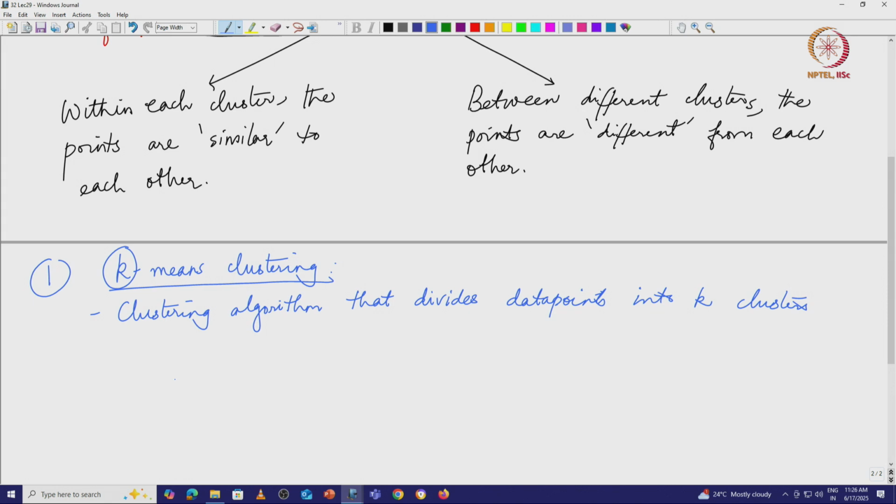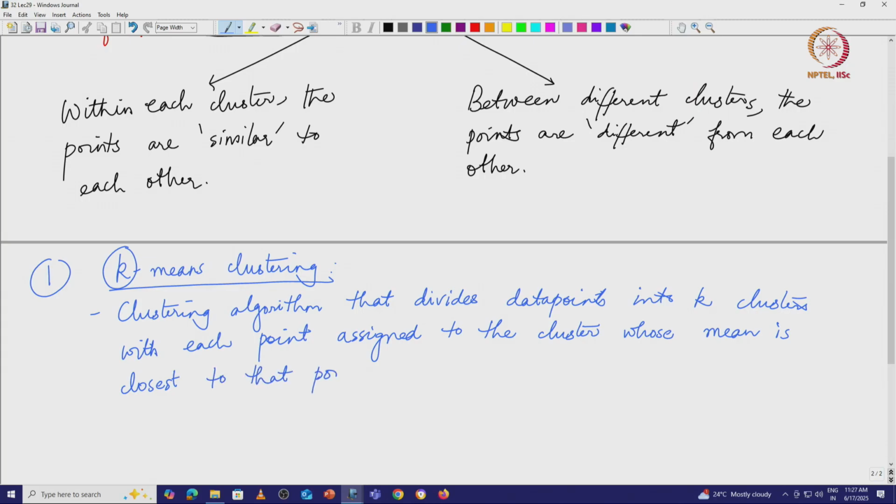Here in k means clustering there are k clusters, right, with each point assigned to the cluster whose mean is closest to that point, right.